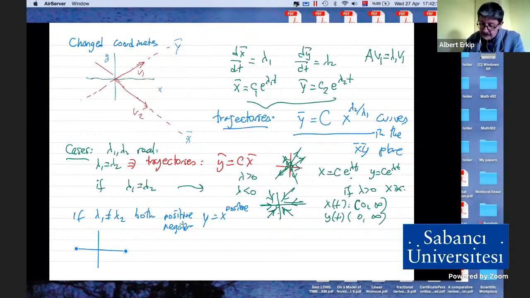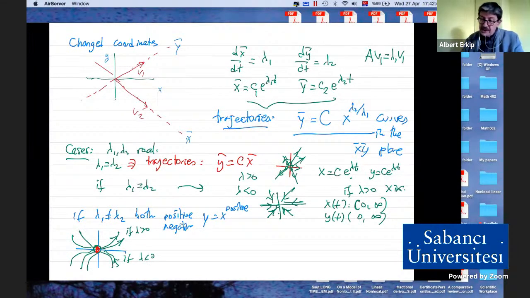The curves will be something like this: y equals, say, x squared, y equals 2x squared, and so on. Again, starting from the origin, they go up if lambdas are positive, and they go back if lambdas are negative. They approach 0 if lambda is positive, and they get away from 0 if lambda is negative. And of course, 0 is a fixed point because 0 doesn't really move. If you start at 0, you never go back.